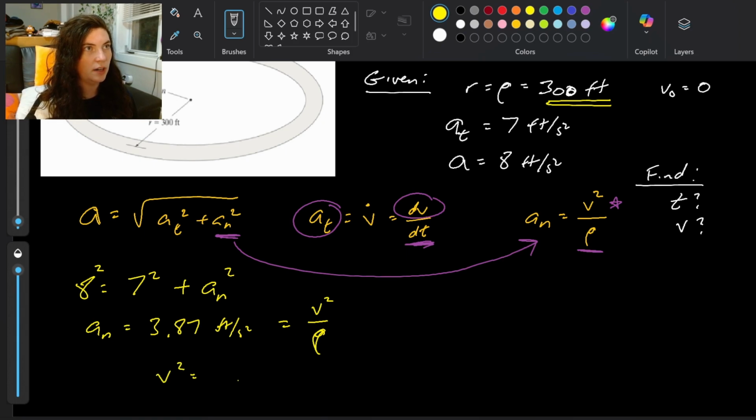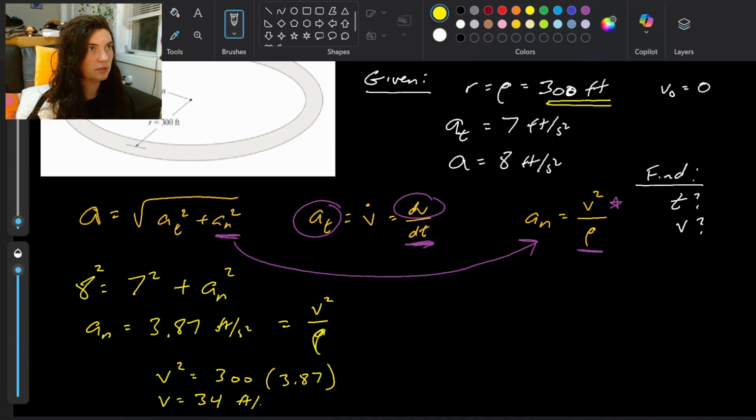So my v squared is going to be 300 times 3.87. I can take the square root of that to find the magnitude of that velocity, which is going to be about 34 feet per second.